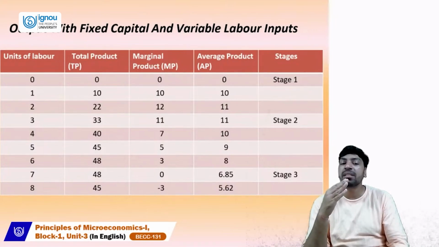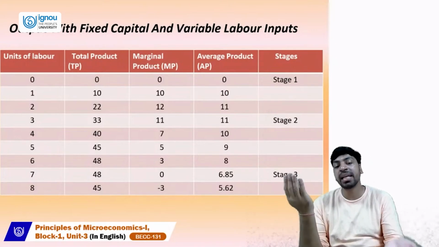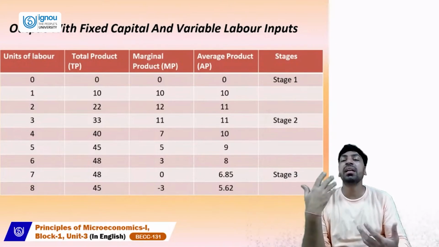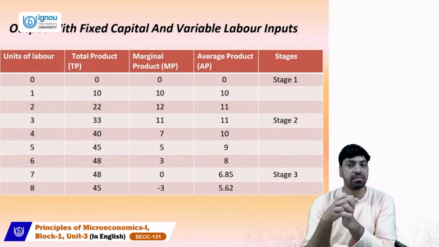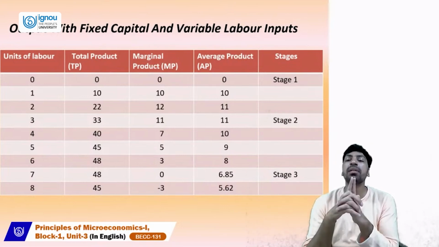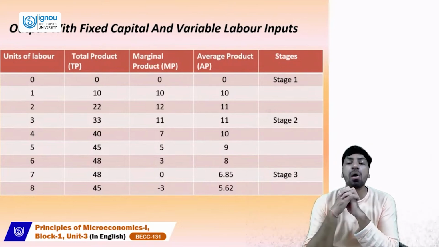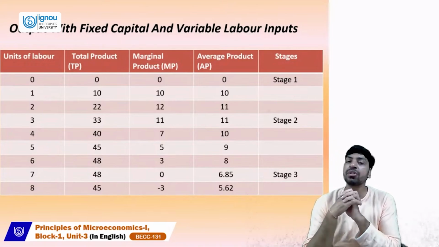Then 5, 3, 0, then 45, 48, 48, which is mentioned. And again it reaches the declining stage, 45. So stage 1, stage 2, stage 3 are called the stages of the law of variable proportion, through tabular representation.